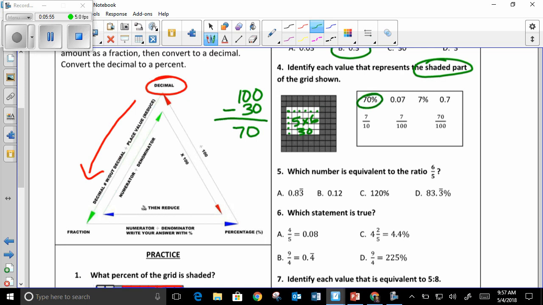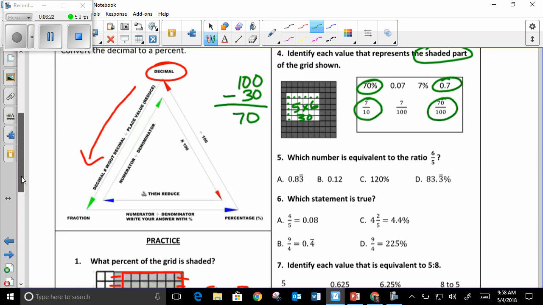Are there any others that represent 70%? All right, 0.7. Is there anything else? 7/10. Yes, very good. Now, on the SOL test, you're going to have some questions that will say select all. If you miss one of them, it's going to mark the entire question wrong.